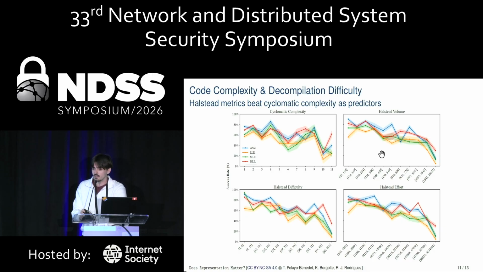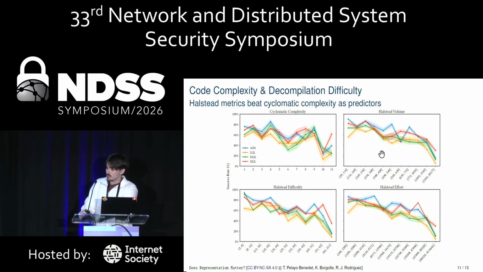We present here the GPT-4.1 results. In the case of cyclomatic complexity, we can see all the drops, but for the other metrics, the decrease is smoother.